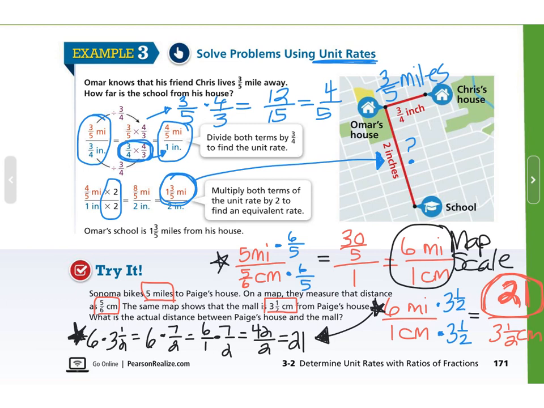And what I found is that distance would be 21 miles. Here's my 21 miles there on the actual roadways. So if you want to know how I did the 6 miles times 3.5, you can see that right here. There's that work to help you get through the multiplication.